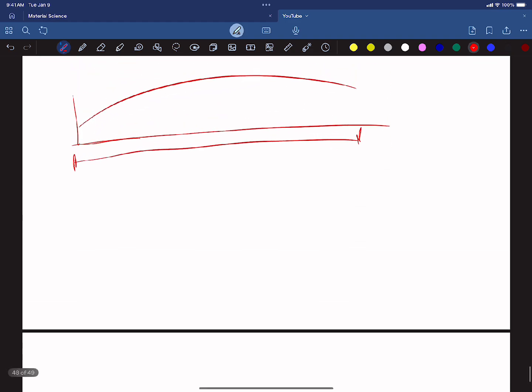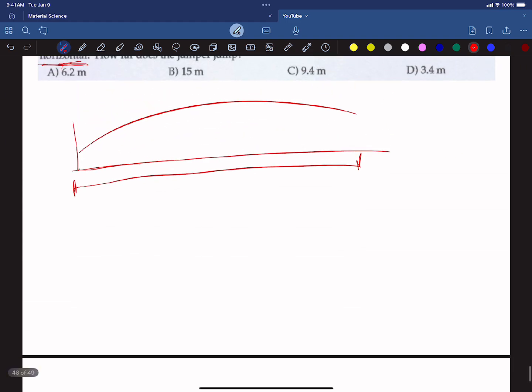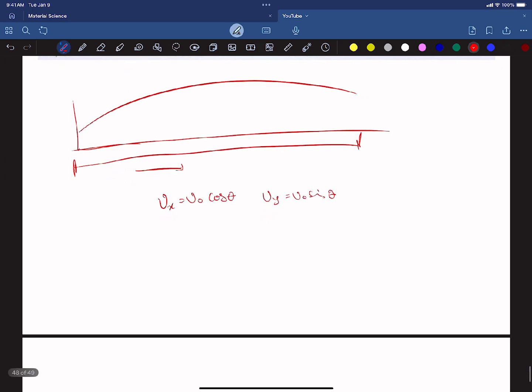So for that we know the x component of the velocity is v0 cos theta. The y component will be v0 sin theta. Now we need to add those values from the question, 12 times sine 20.